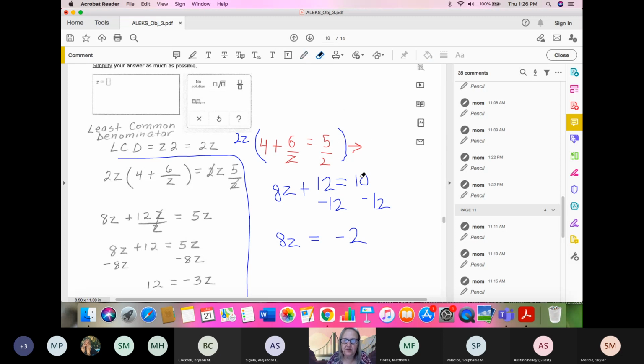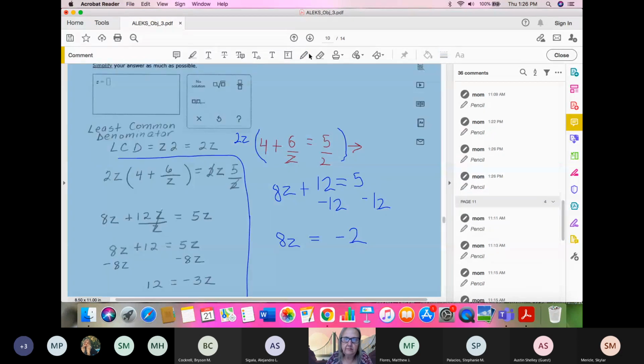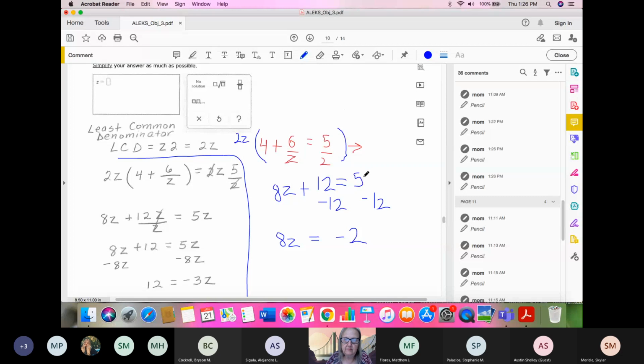I apologize for that. So this is 5z. Won't take us very long to clean this up. And I'll double check it one more time. So this is 5z. So again, 2's cancel, z times 5, 5z.